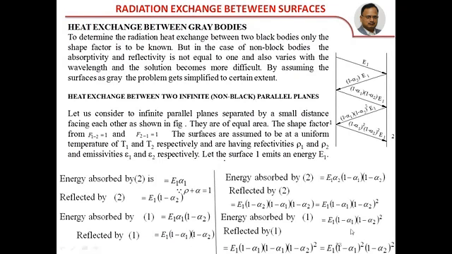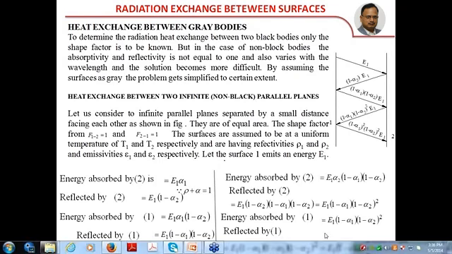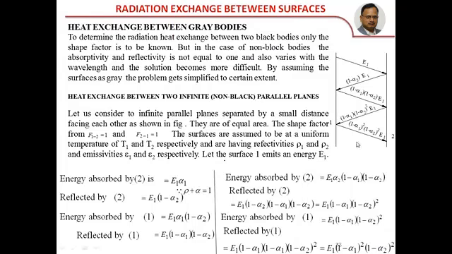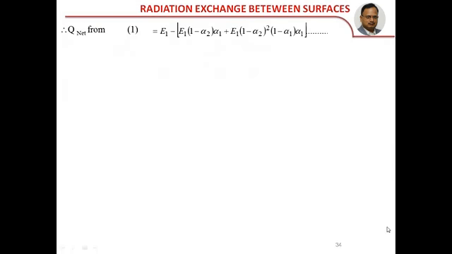So therefore, we can say that the amount of energy reflected by 1 in the third reflection is E1 into alpha 1 whole square into (1 minus alpha 2) whole square.